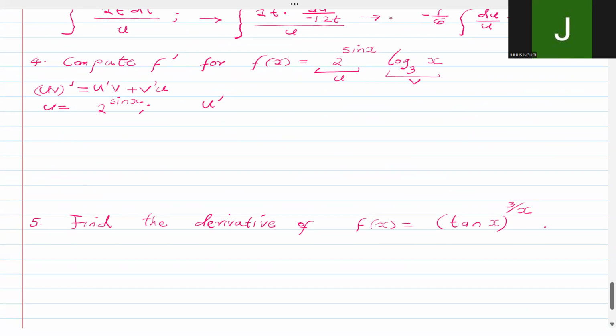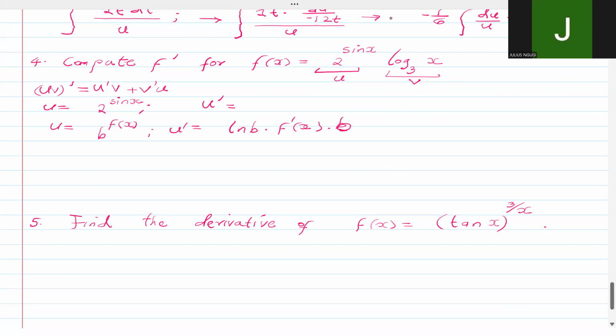U prime, if u is equal to a constant, let me call the constant b, to the power of a function of x, then u prime is equal to, I showed you, ln of b multiplied by the derivative of the function, which is the power, then you attach the original function the way it was.